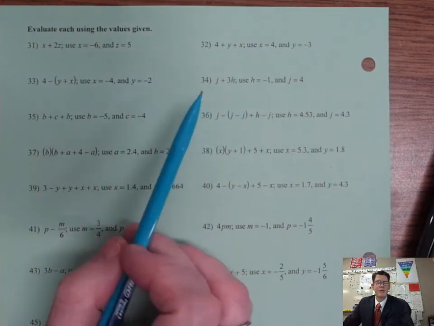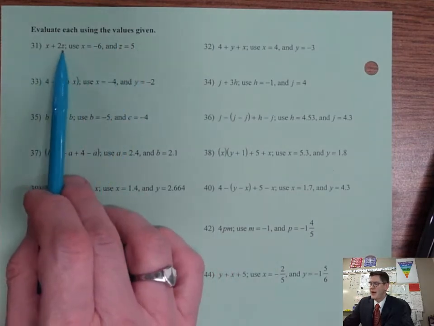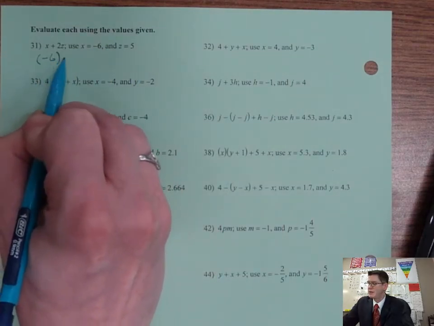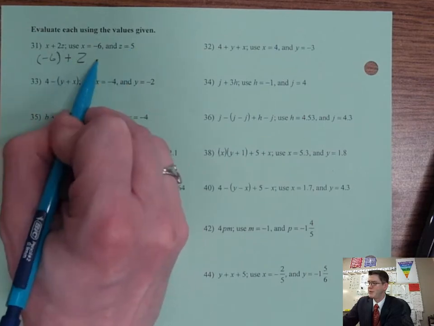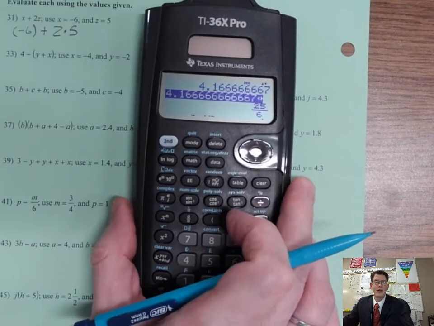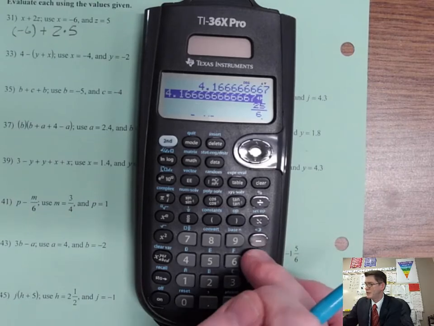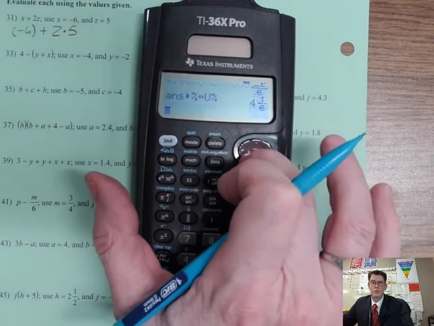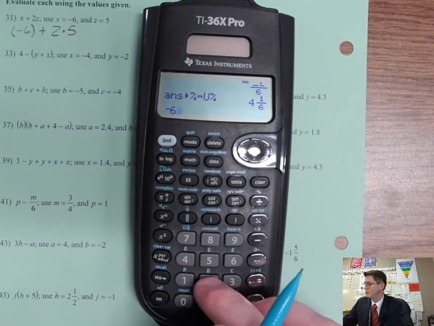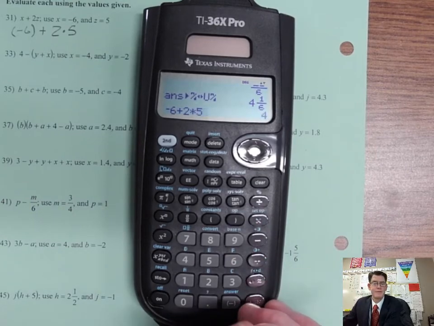We talked before about evaluating expressions. If I have x plus 2z, I can put this -6 in place of x, plus 2 times the z, the 5, and we can just enter that in our calculator to find the value of the expression. -6 plus 2 times 5.